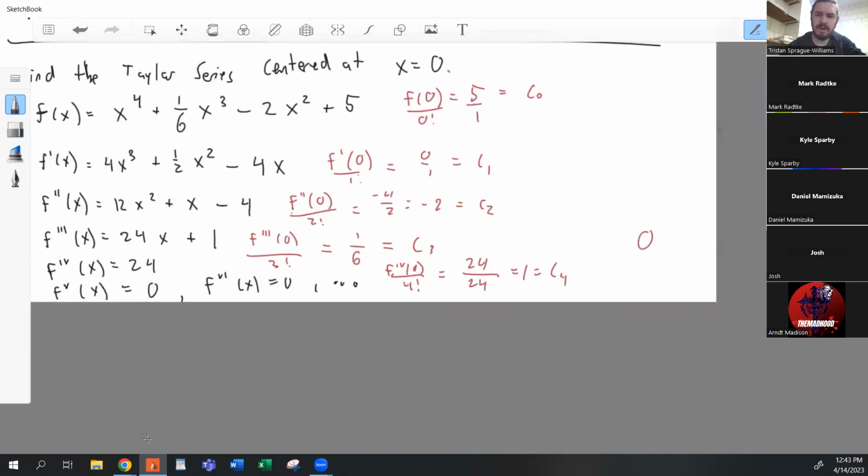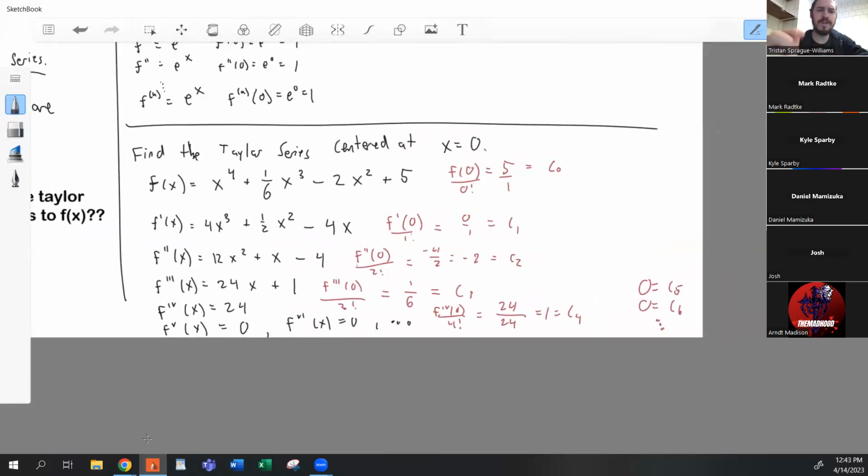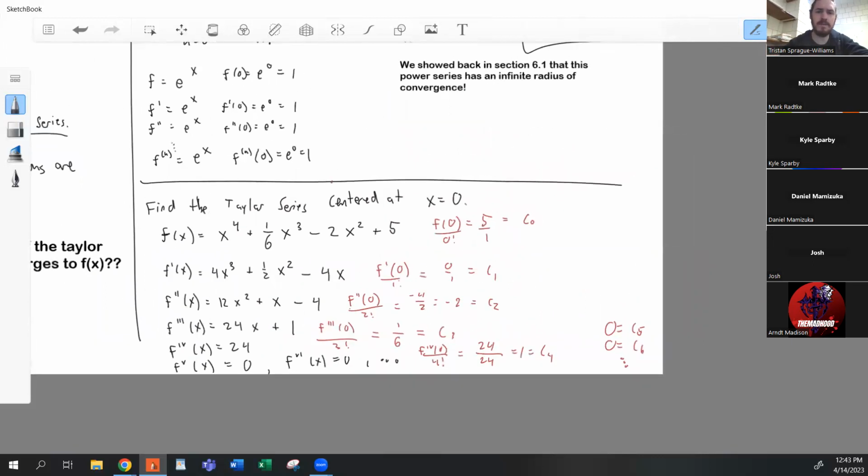After that, 0 is going to be C5, 0 is C6, forever. They're all 0. So our Taylor series is not really an infinite series. It's more of a finite series. Okay, let's pick this up here. It's going to be C0, which is 5, plus C1, which is 0, 0x.